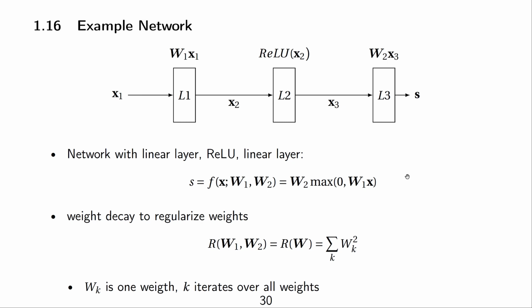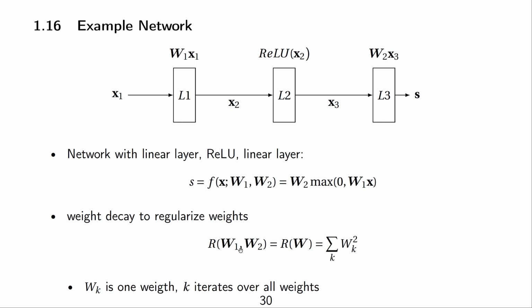All right, so here's maybe a simple example network that has a linear layer L1, a ReLU layer L2, and another linear layer L3. So the network output would be S equals this network function, which is matrix W2 times max(0, W1 times X). So W1 times X is the first layer, max 0 is the second layer, and then W2 times this is the third layer.